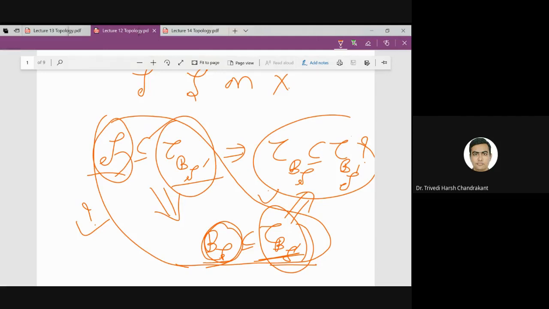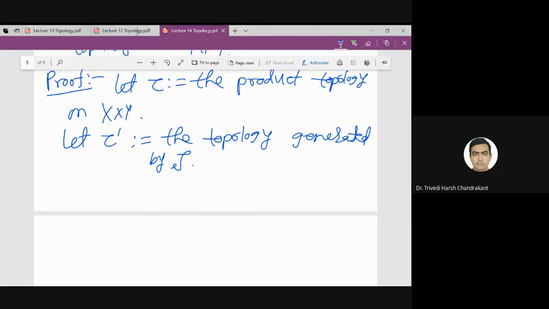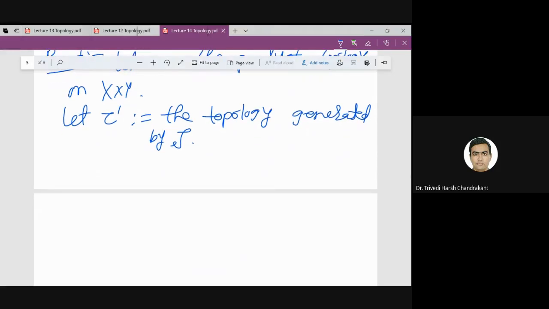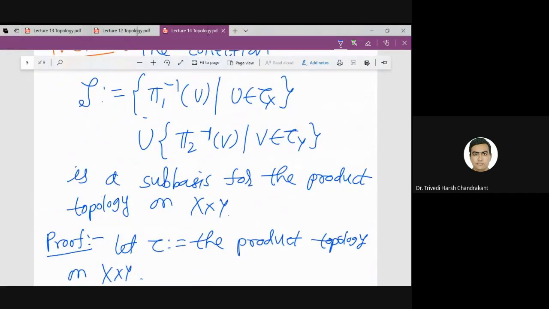So the proof is similar to that result. Here we already know that. So what are the elements of S? Elements of S are either this form or this form. And then we know what pi 1 inverse is. So this is U actually.